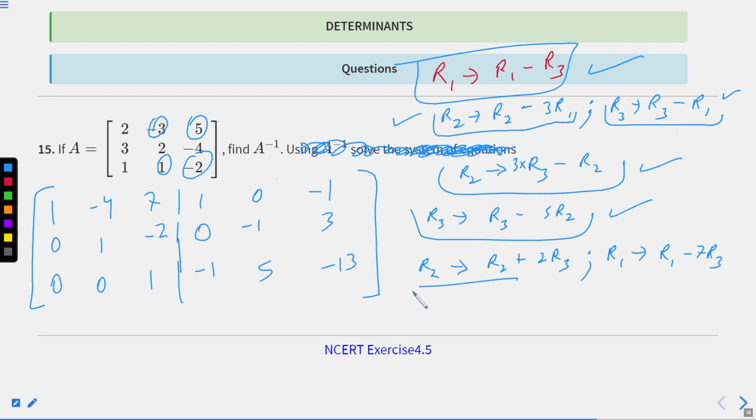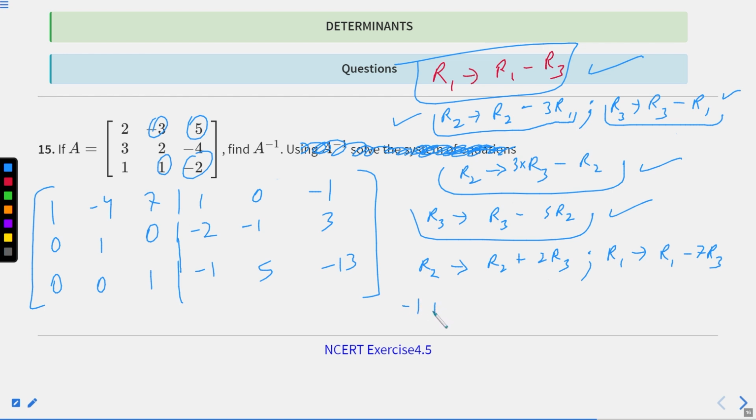So first of all, I'll be doing this. R2: 0 plus 2 times 0, so you will get 0. 1, you will get 1. So minus 2 plus 2 times 1, you will get 0. For here, 0 plus 2 times R3, so it will be minus 2.